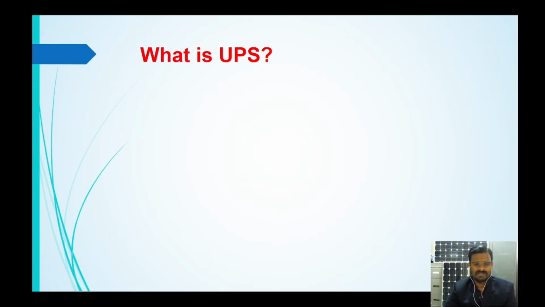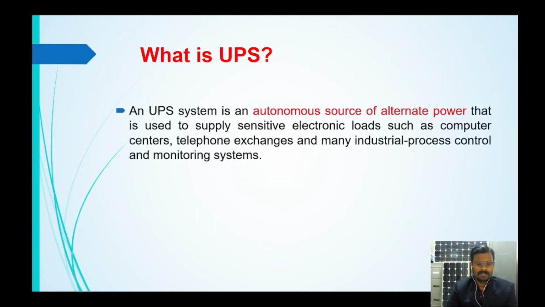Based on all these problems, we are going to design a UPS and utilize it for different applications with different configurations. A UPS is an autonomous source of alternate power that is used to supply sensitive electronic loads such as computer centers, telephone exchanges, many industrial process control and monitoring systems, medical applications, and so on.